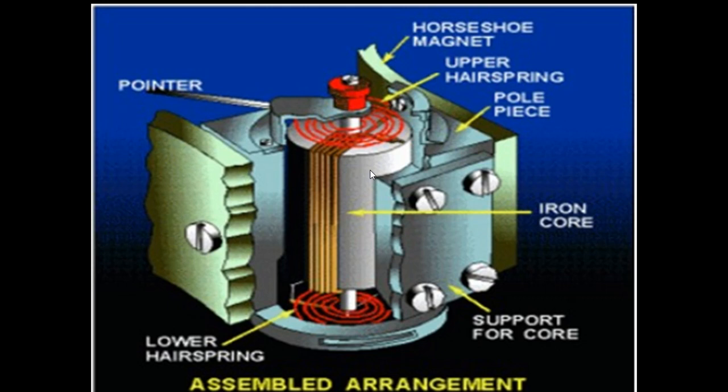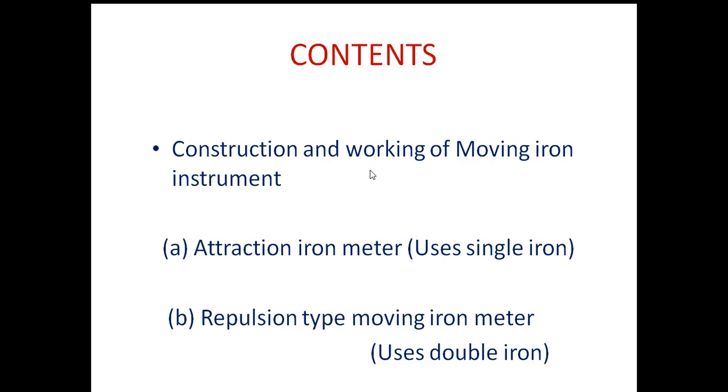In today's video lesson, we will focus on the construction and working of the moving iron type instrument. Moving iron type instruments are mainly of two types: the attraction type and the repulsion type. In the attraction type instrument, we use a single iron.